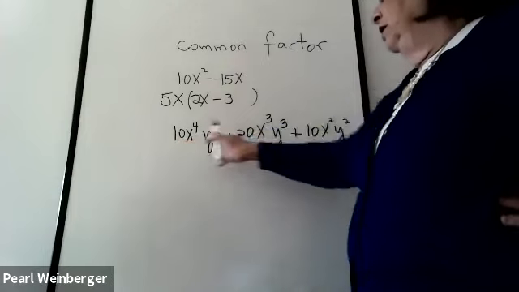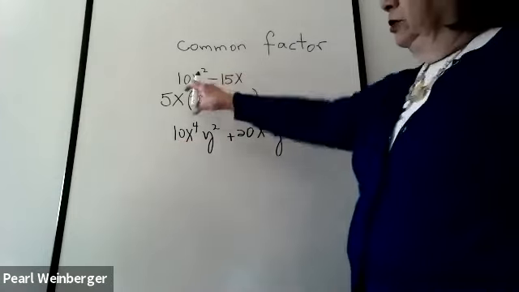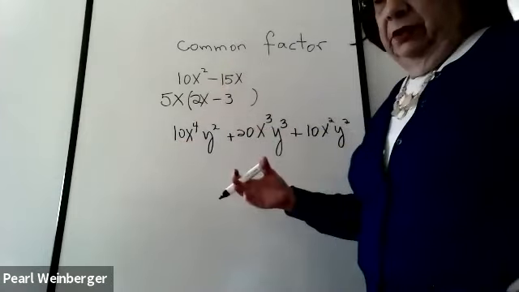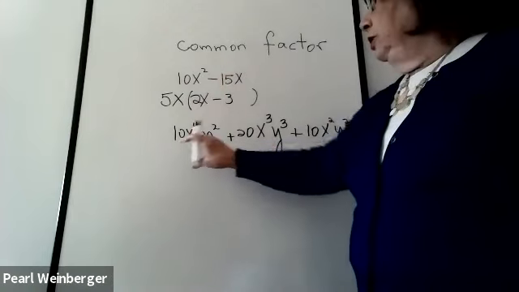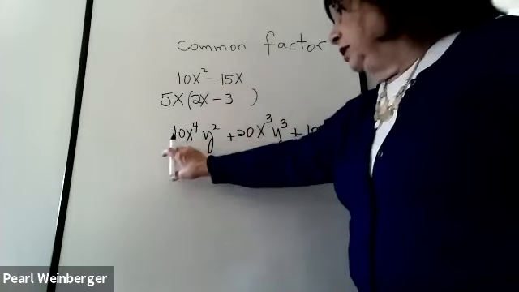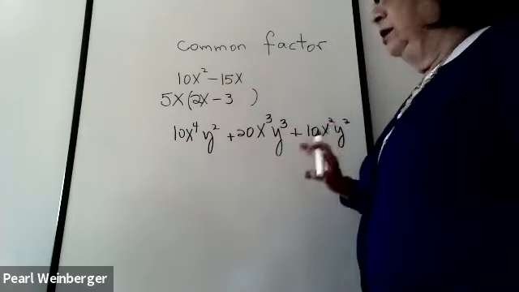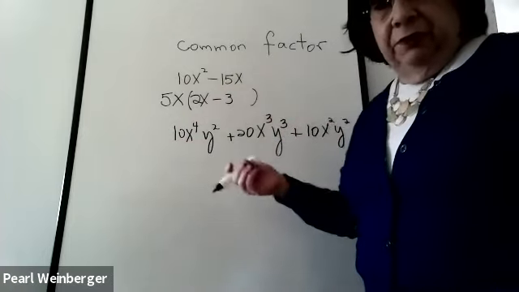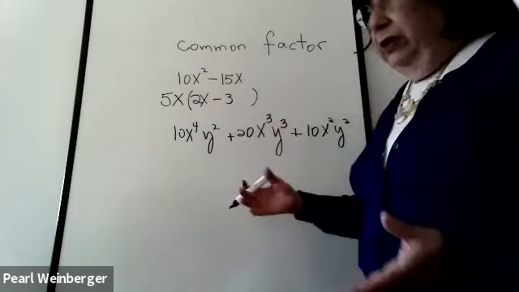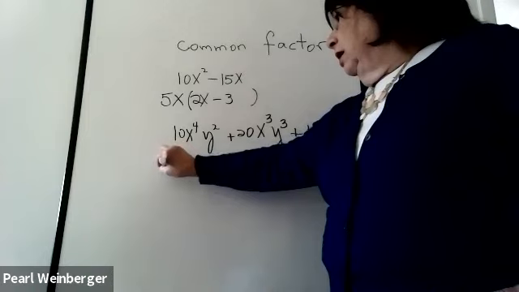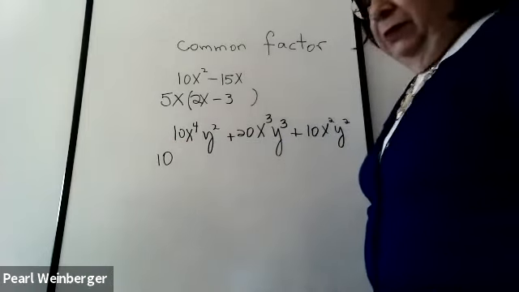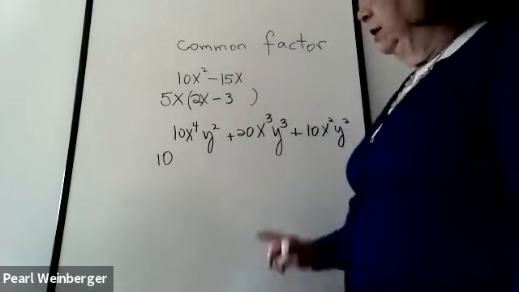Okay, it's a trinomial rather than just a binomial, but it's the same concept. First, look at the coefficients, the numbers in front, 10, 20, and 10. What's the biggest number that goes into 10 and 20? Obviously, it's 10. So our 10 is the beginning of our common factor.